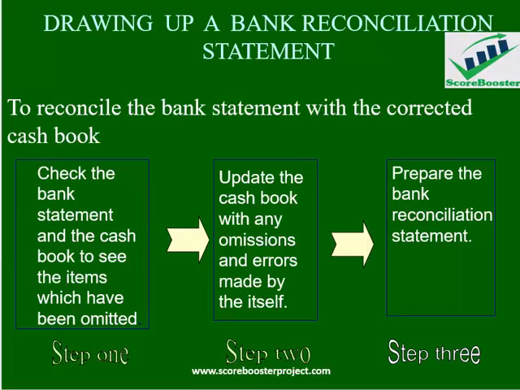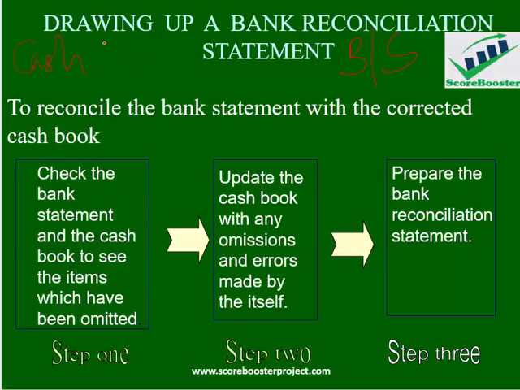Now let's move to the job proper. That is, how do we prepare a bank reconciliation statement? Basically, we are going to follow 3 steps here. Step 1, whenever you take your bank, 2 documents are involved. The first document is your cash book, that is the bank component. Then the other is the bank statement, the one the bank gives to you.